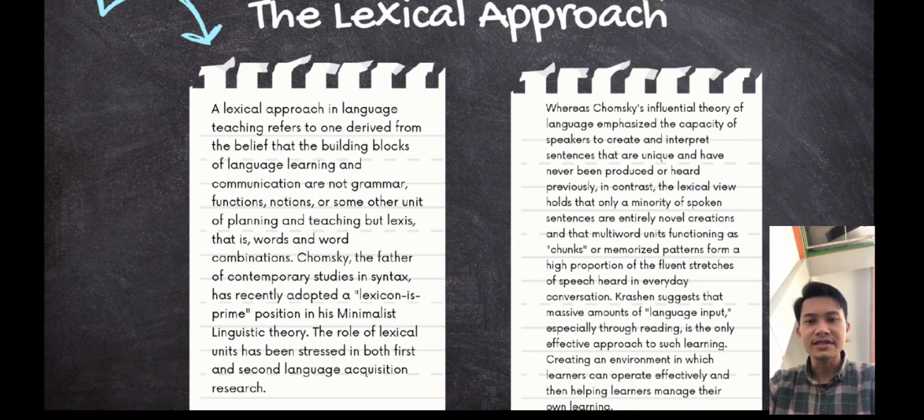Krashen suggests that massive amounts of language input, especially through reading, is the only effective approach to learning, creating an environment in which learners can operate effectively and helping learners manage their own learning.